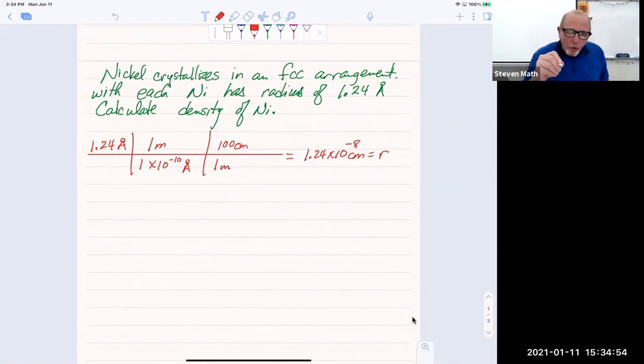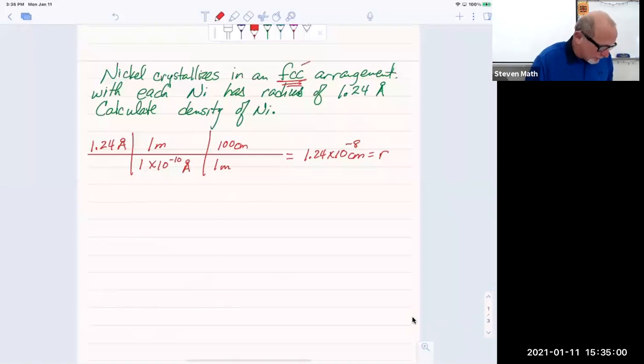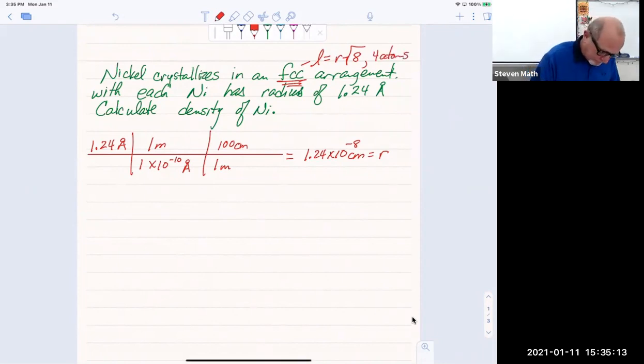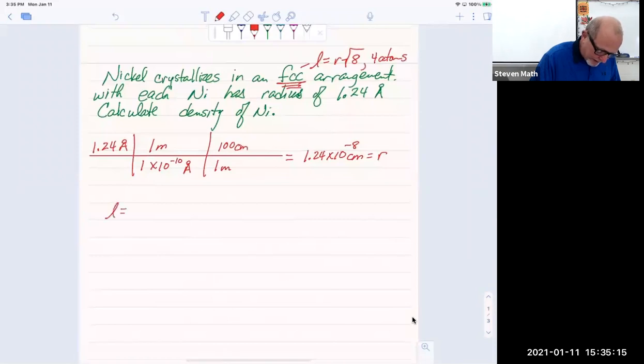And they've told us now that this is FCC. FCC tells us 2 things. FCC tells us that L equals R radical 8 and that I've got 4 atoms going on here. So if that's the case, L equals R radical 8.